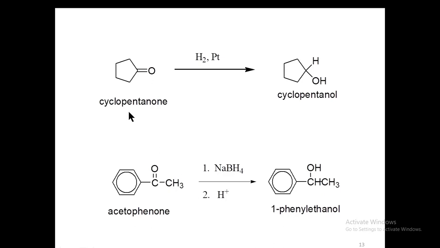Look at this compound, cyclopentanone, an example of a ketone. Platinum is also a catalyst, and hydrogenation will give us cyclopentanol. So from ketone, alcohol is formed. This is acetophenone; with sodium borohydride and acidic condition, 1-phenylethanol is formed.